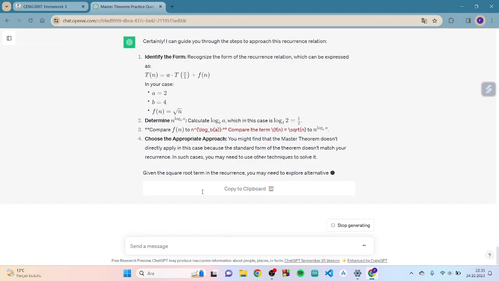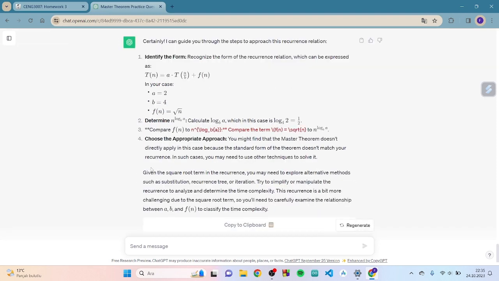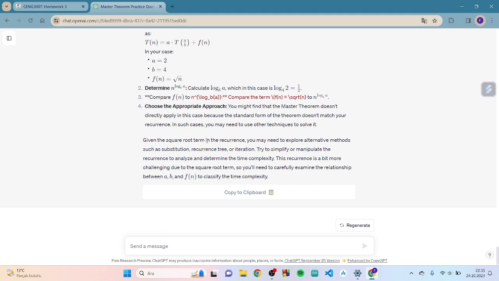I know this one, but given the square root term in the recurrence, you may need to explore alternative methods such as substitution, recurrence tree, or iteration, and try to simplify or manipulate the recurrence to determine the time complexity. This recurrence is a little more challenging due to square root terms, so you will need to carefully examine the relation between the time complexity.